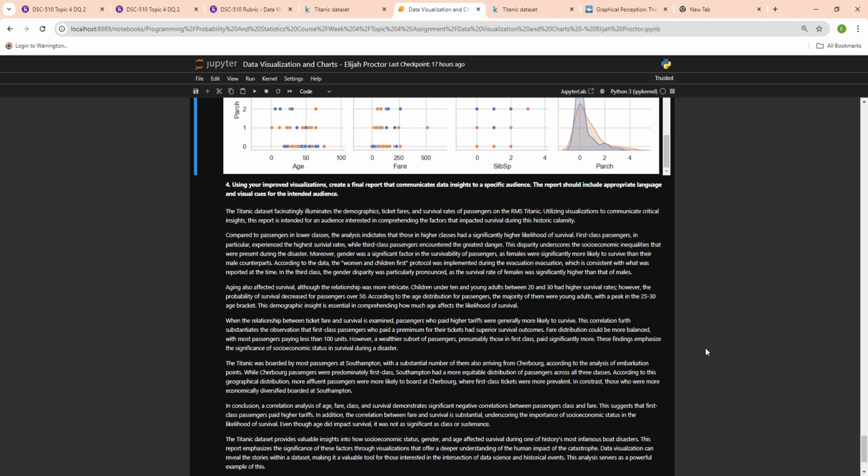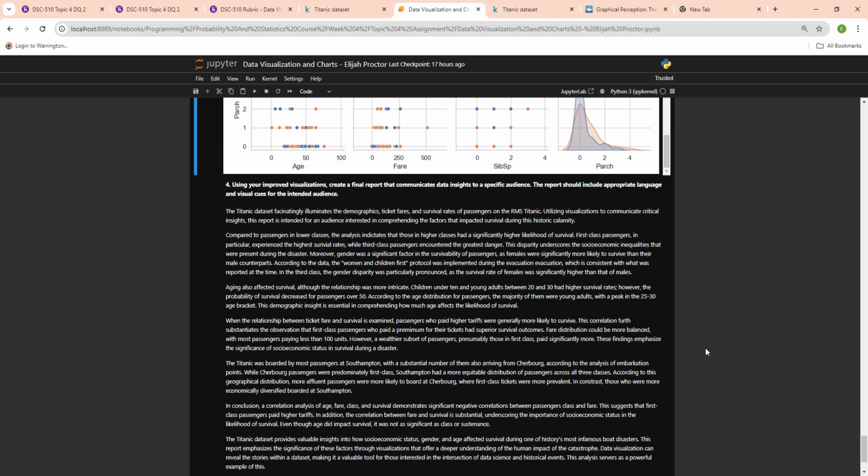And then the older you were, the more likely you were going to die in this wreckage. Most passengers were young adults, particularly in the 25 to 30 age range. And this kind of shows how age is impacted by your survival.